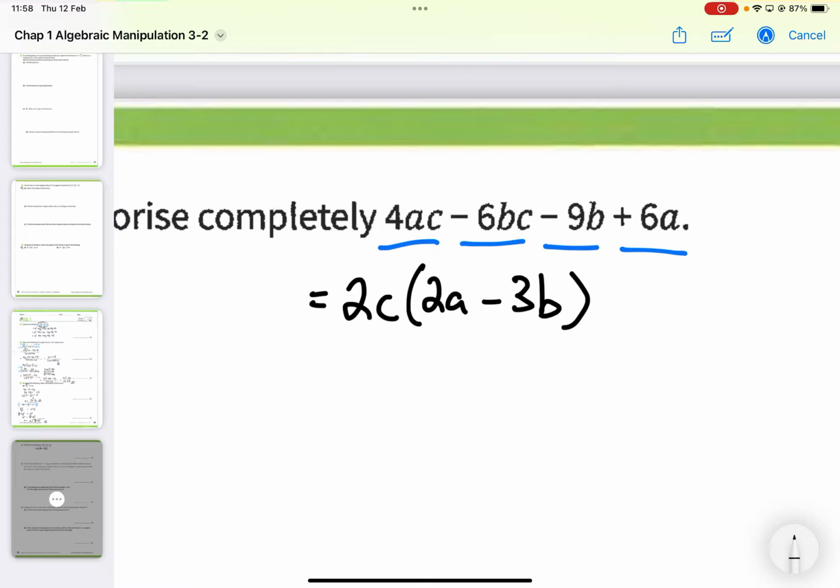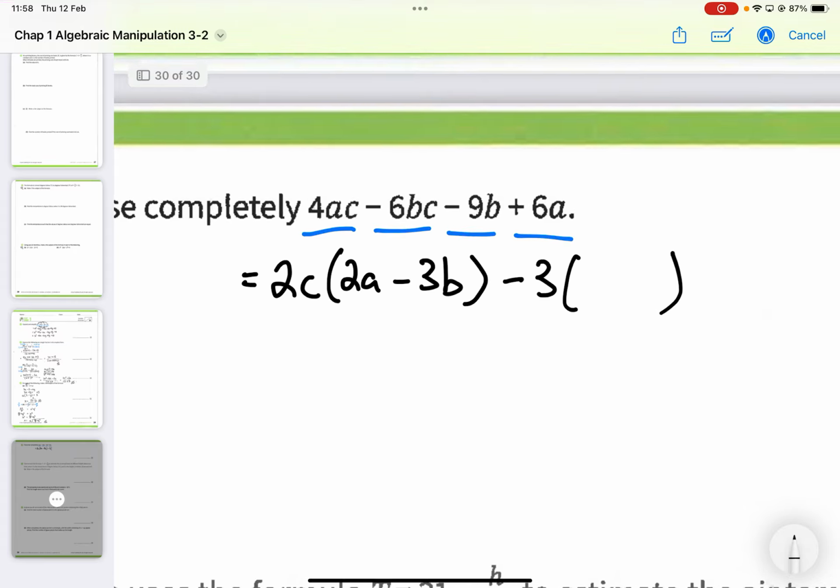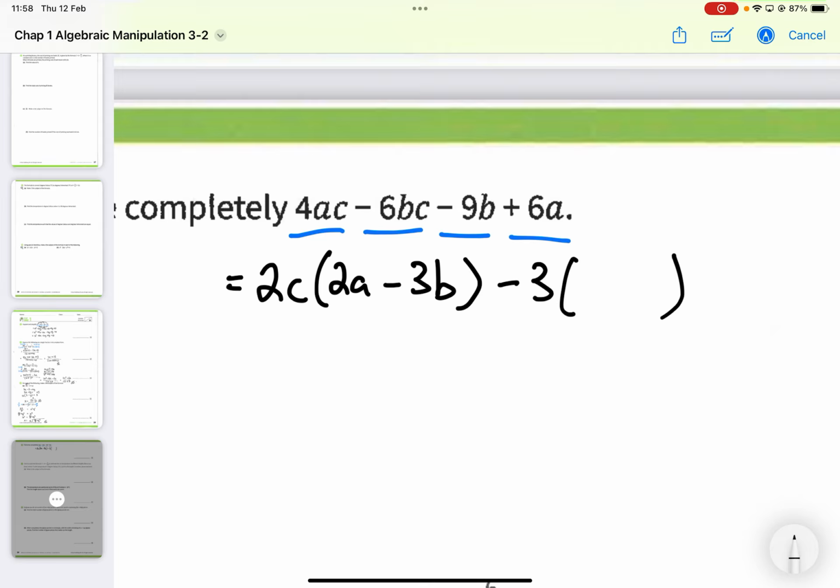9B and 6A, both can be divided by 3. So let me take out a minus 3. Then I must double check all my signs.